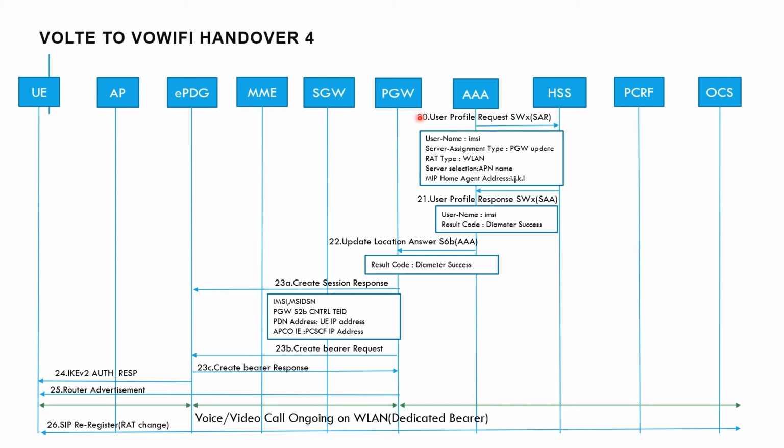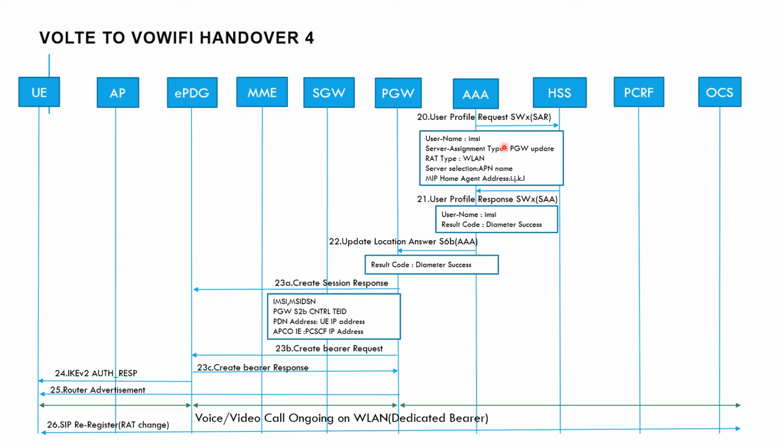Now the AAA has to fetch the user profile from the HSS. This is using the SAR message, which is basically a user profile request message over the SWx interface. The main information elements in this message are the IMSI, and the server assignment type here is the P gateway update.